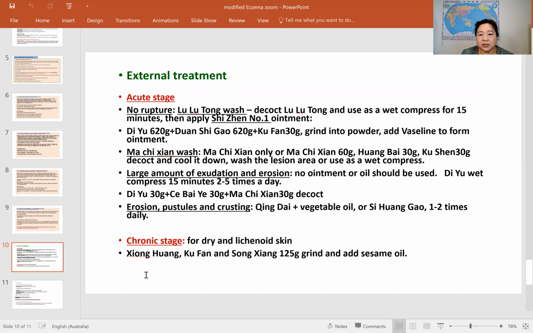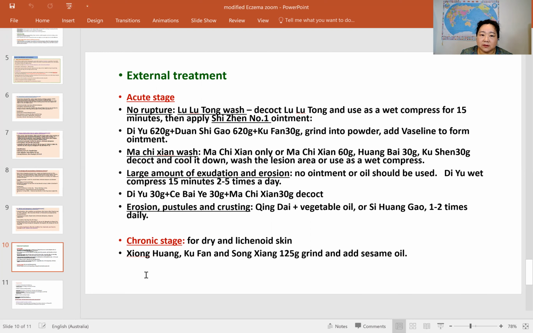马齿苋 wash is the most easily found and most easily applied for wash. And for a large amount of exudation and erosion, you can use this decoction called 地鱼 wet compress.